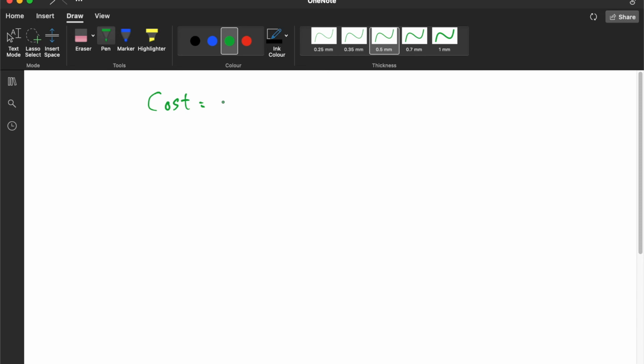Cost is equal to number of items multiplied by the price per item, or price for one item. Now, what is the formula for speed? Usually, one of the ways to write it is in terms of distance. Distance is equal to time multiplied by speed.